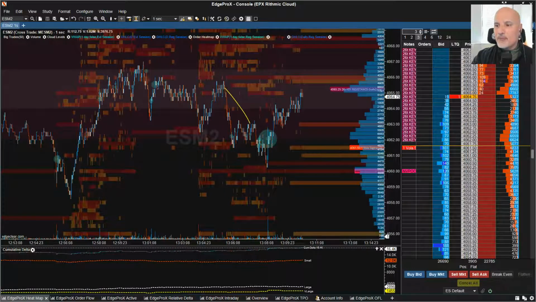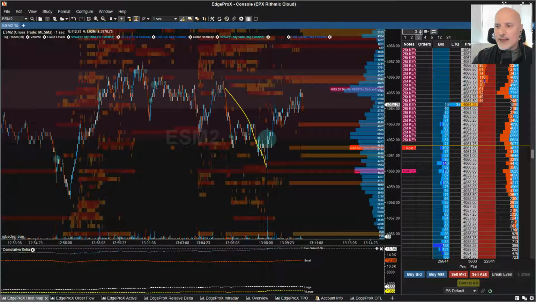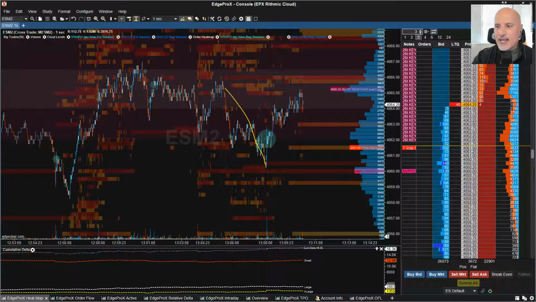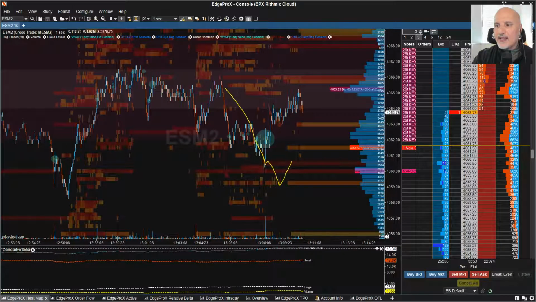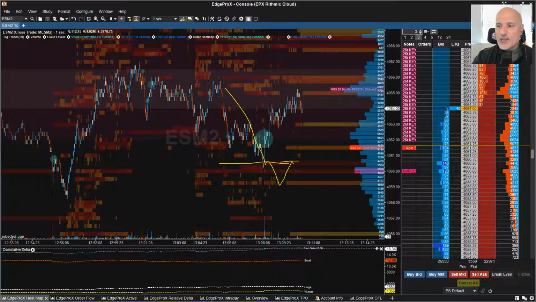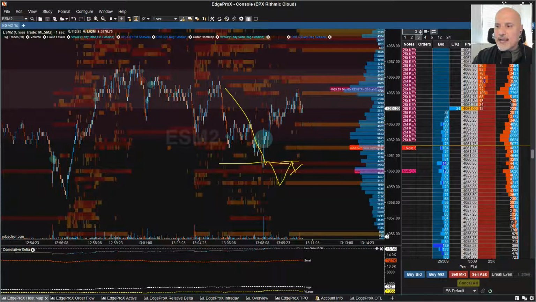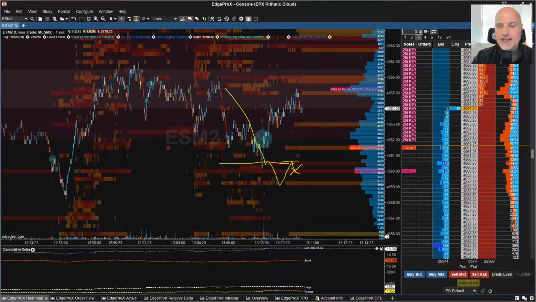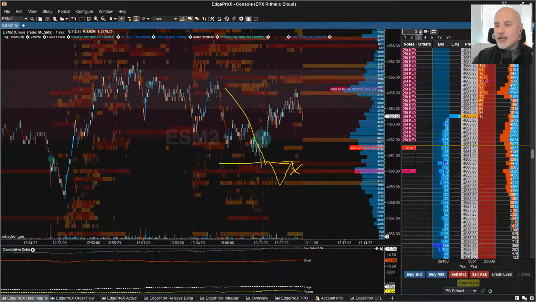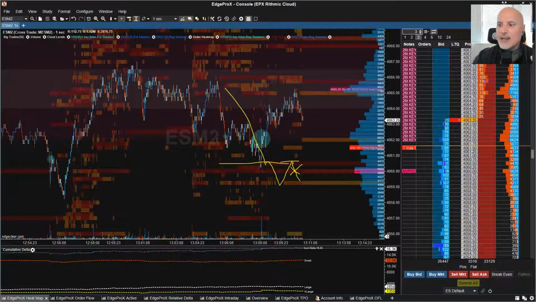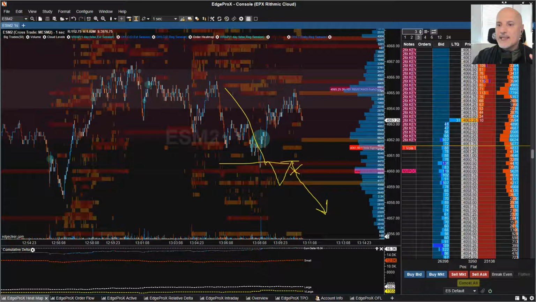Or if it pushes down into resting orders, collides, breaks through, comes back, and that collision level now holds, then I'm looking for a scalp short. In this environment I would not scalp short, but let's say it's a two-way market. I'm looking to trade short, using that collision as an entry point.